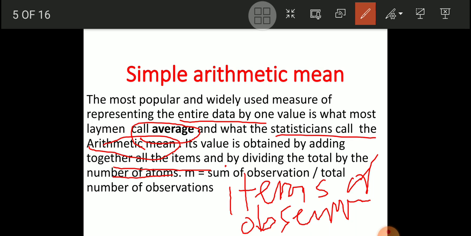For example, so as to understand the simple arithmetic mean calculation, suppose in our hand we have 100 mango fruits, and somebody asks you what is the average weight.